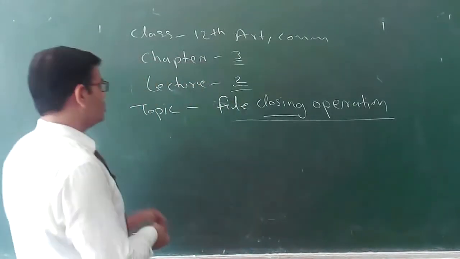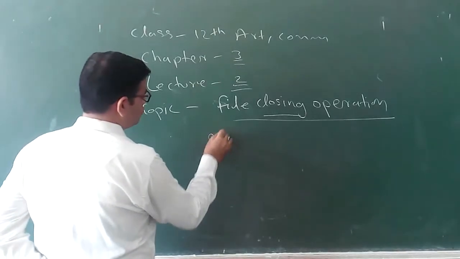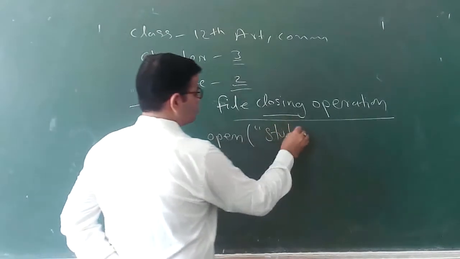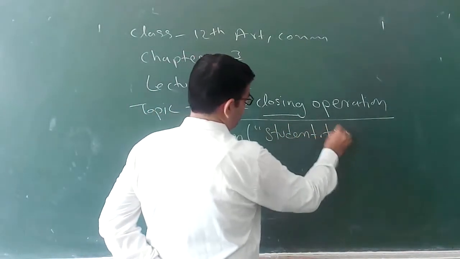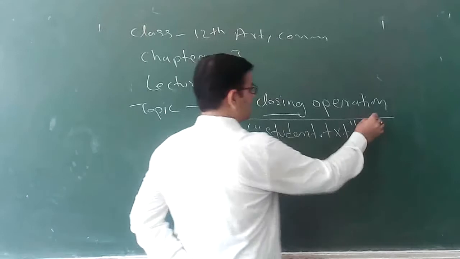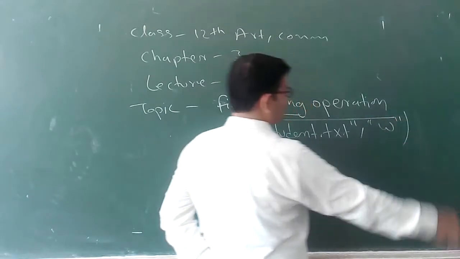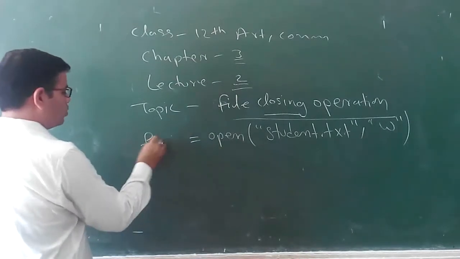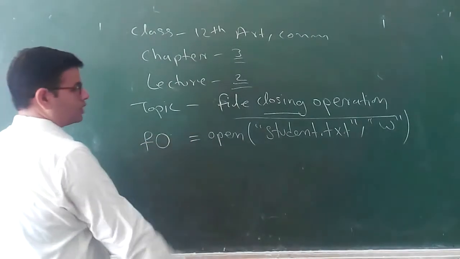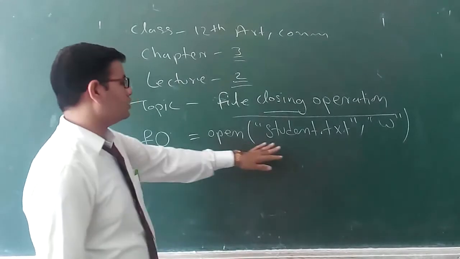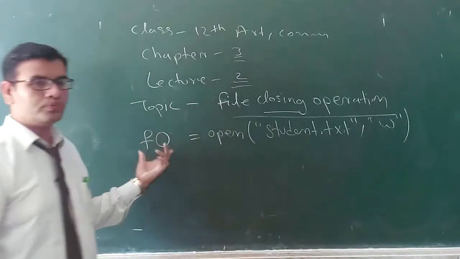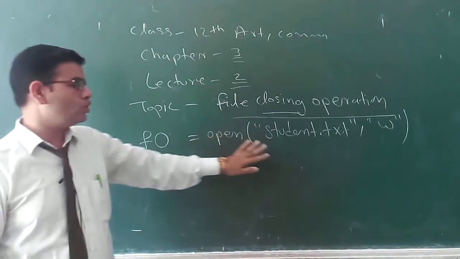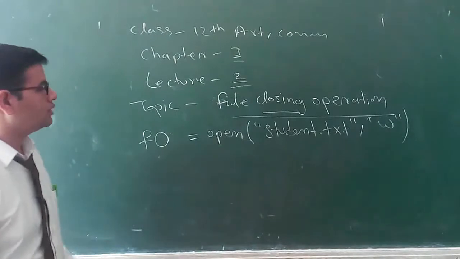For example, if you open a file whose name is student.txt in w mode, and it provides all the details in the file object. Now the file object has all the information about your file.